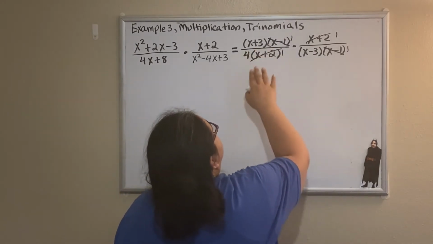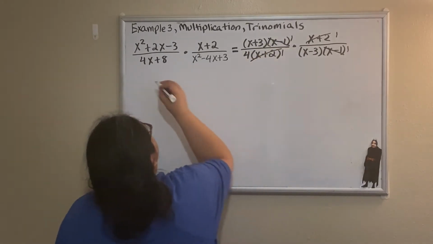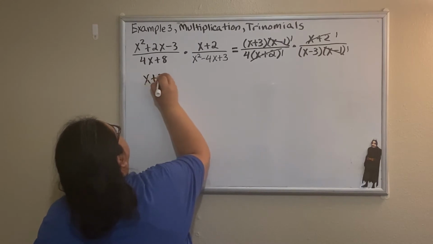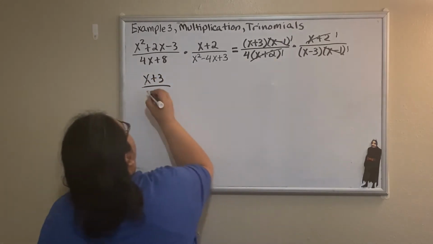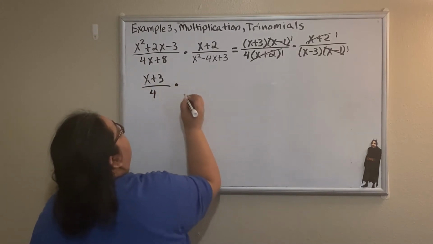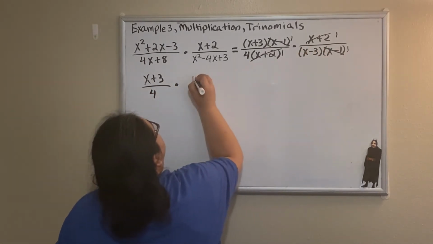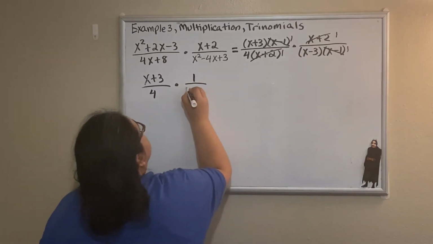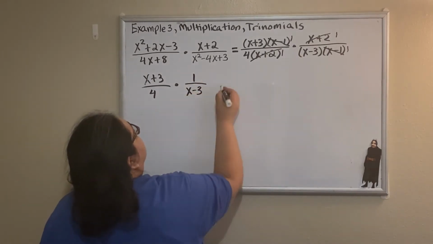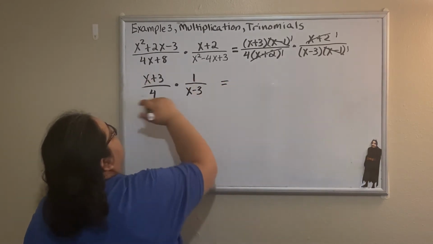So now we simplify. x plus 3 times 1 is just going to be x plus 3 in the numerator. In the denominator, I have 4 times 1, which is just 4, times 1 in the numerator over x minus 3 times 1 is going to be x minus 3. And now we multiply across.